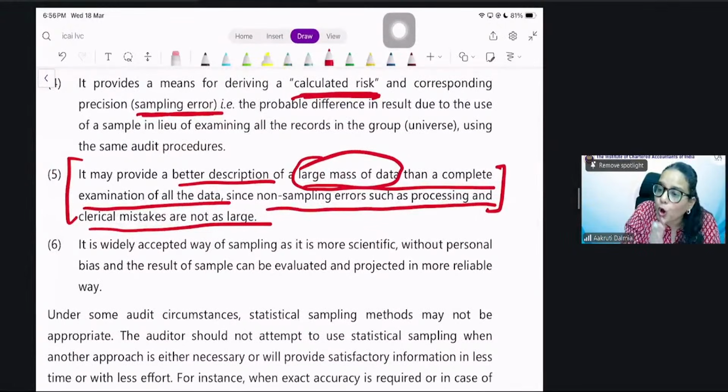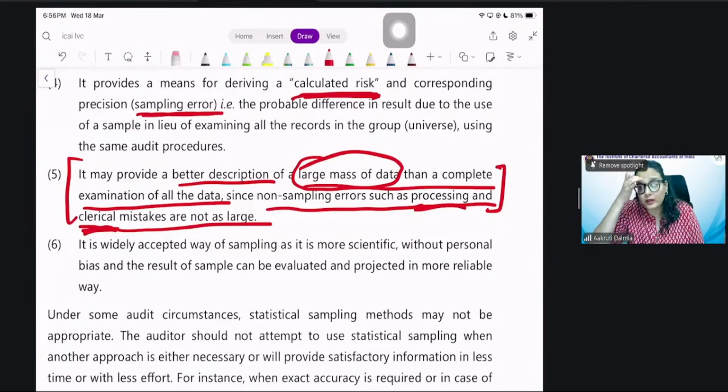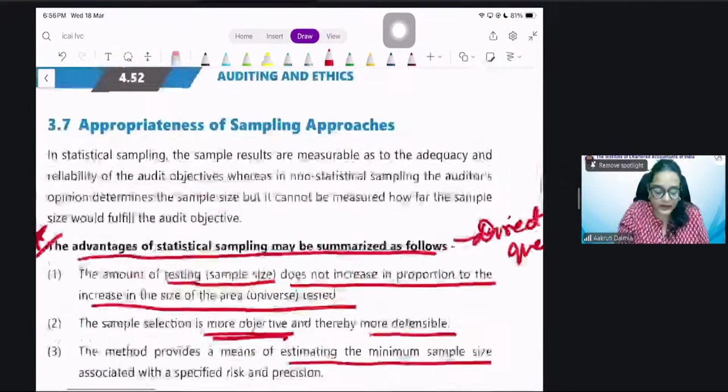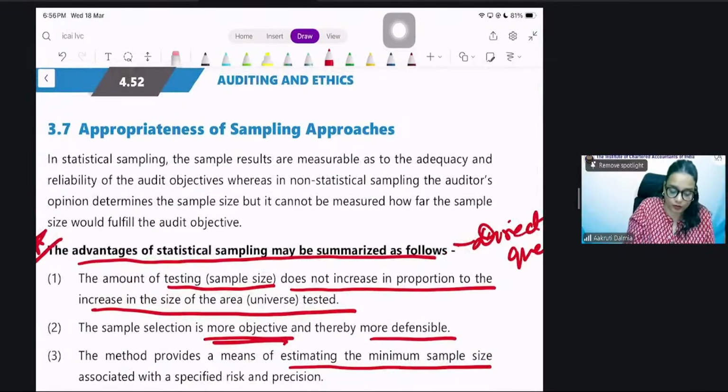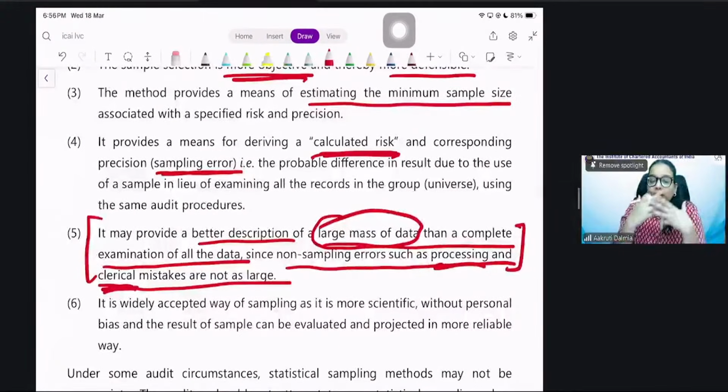They are called non-sampling errors, like processing mistakes and clerical mistakes that can happen. Everyone is clear now? So statistical sampling, what is the advantage? That sometimes it can give a better description of the whole population than checking the complete data, because when we check complete data, there can be non-sampling errors also. Clear? Okay.